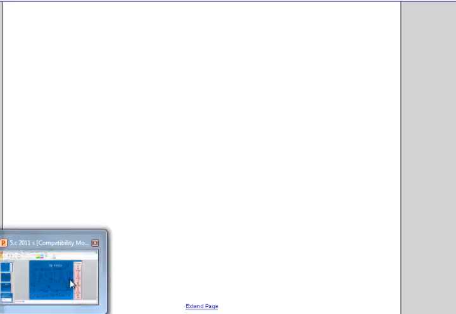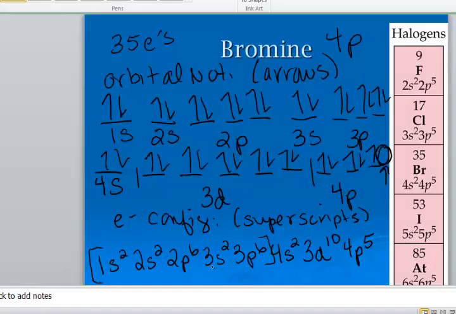Would be argon 4s2, 3d10, 4p5. Okay, that would be the noble gas configuration.